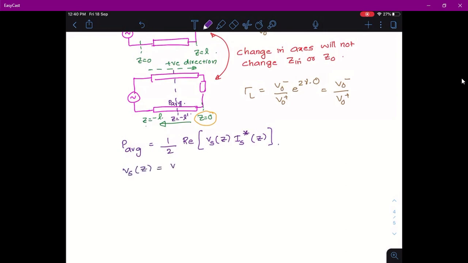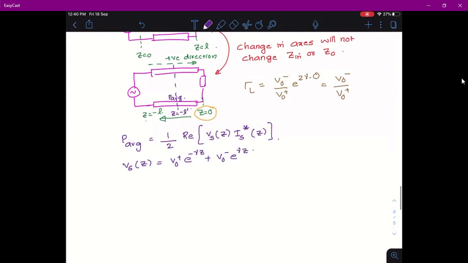Our general expression is V0 plus e raised to minus gamma Z plus V0 minus e raised to plus gamma Z. Now, the point is at Z equal to minus L dash. So, Vs at Z equal to minus L dash is equal to V0 plus e raised to plus gamma L dash plus V0 minus e raised to minus gamma L dash, because you are substituting Z equal to minus L dash.